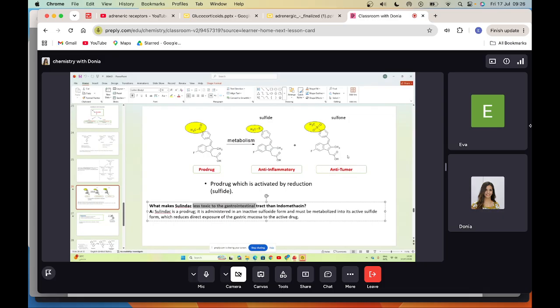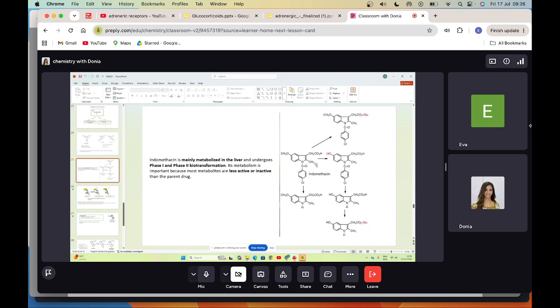It has anti-tumor activity, but that is not our topic here, so for the anti-inflammatory property it is considered inactive. Or the double bond O is removed; reduction takes place to give the sulfide. This sulfide metabolite is the one which is active, which gives the anti-inflammatory effect. Is it clear? Okay, great.